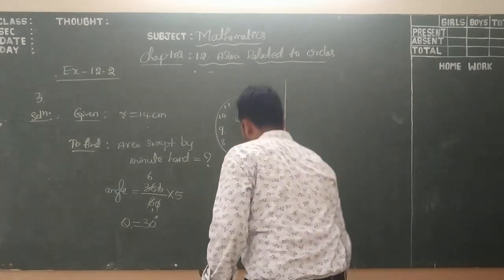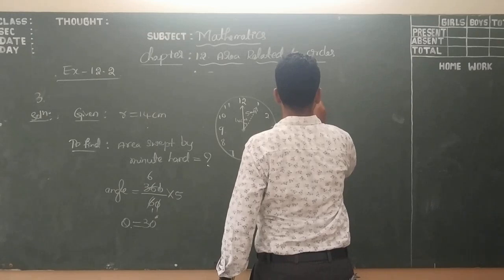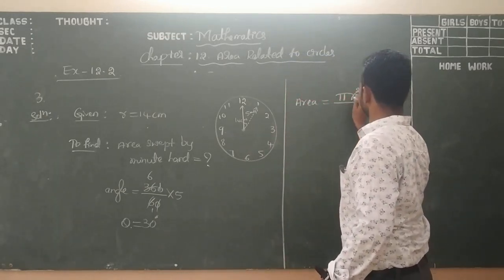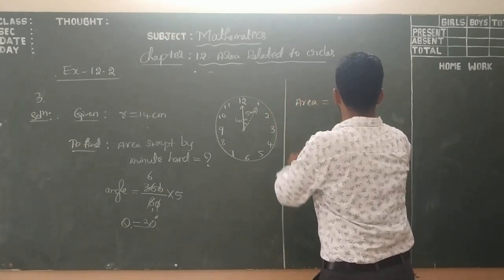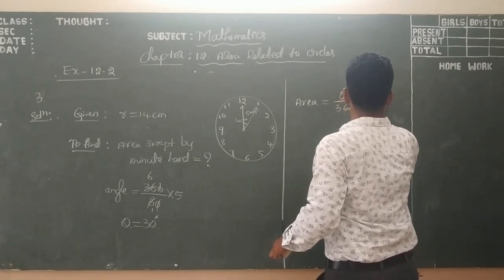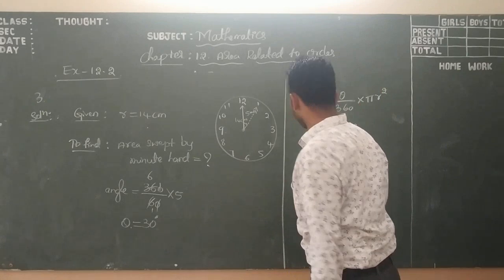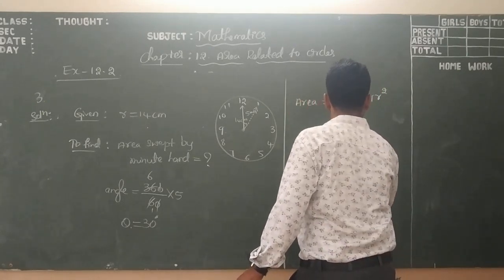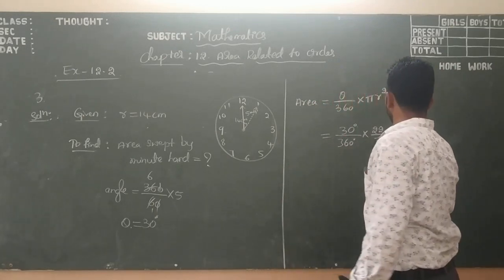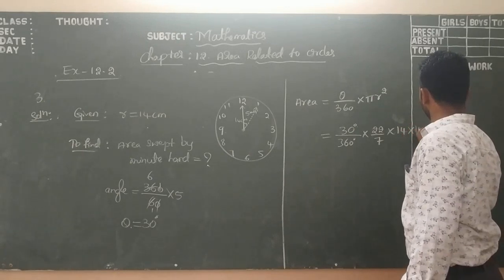Then what about the area swept by the minute hand? The area equals theta by 360 into pi r square. Here theta is 30 degrees, divided by 360 degrees, into pi r square. Pi is 22 by 7, into radius 14 into 14.